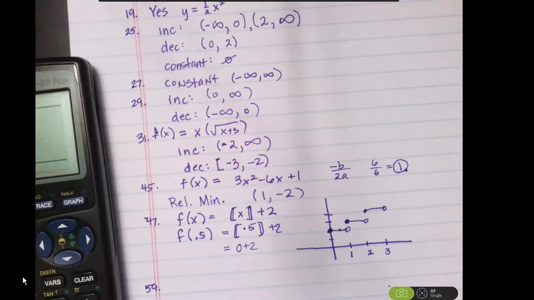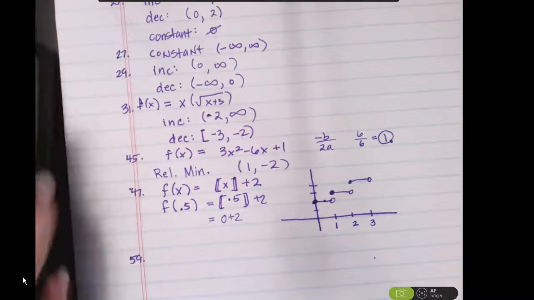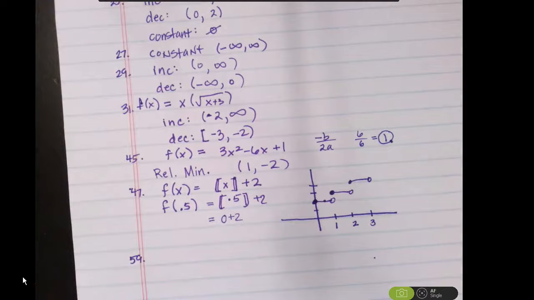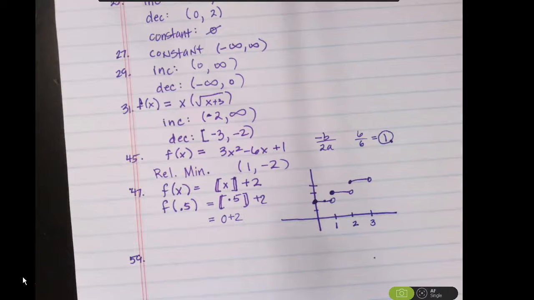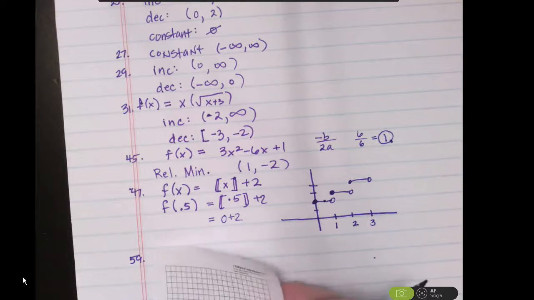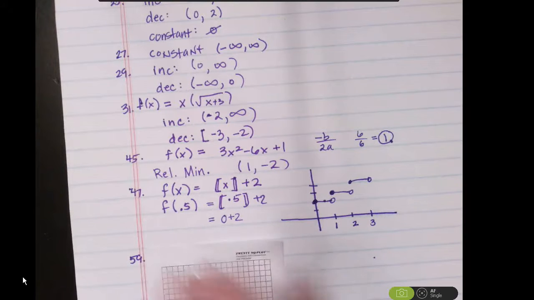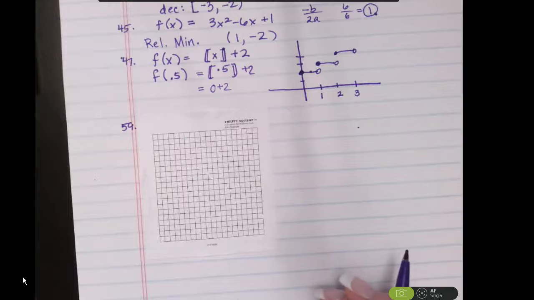I want to sketch the graph of the piecewise function, so let me get some more room here. And it doesn't say to use the graphing utility, so I am going to just use some good old-fashioned graph paper. You guys could just sketch a coordinate plane, or I happen to have these graph paper post-its, so might as well use them. So let me write down the function.